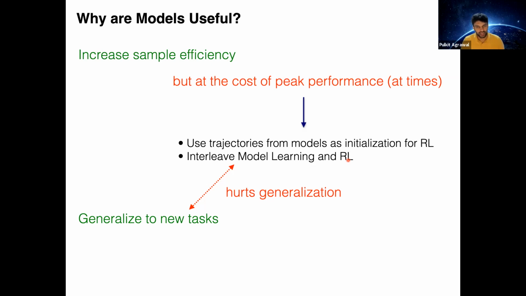Any questions on this part? Dongchi, you have a question. Is it possible to incorporate learned models in the policy gradient theorem? Do you mean using the learned models to generate data, or something else?